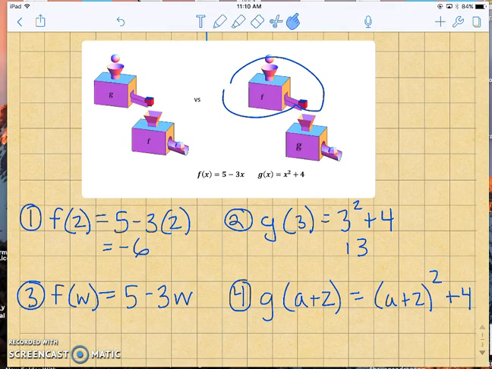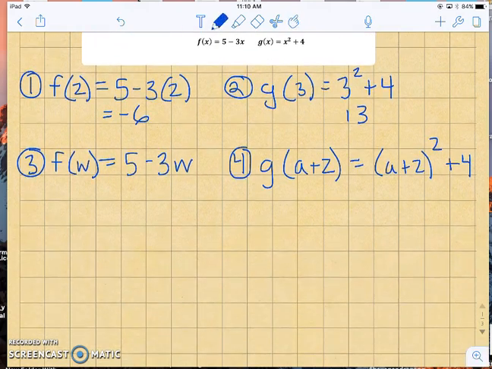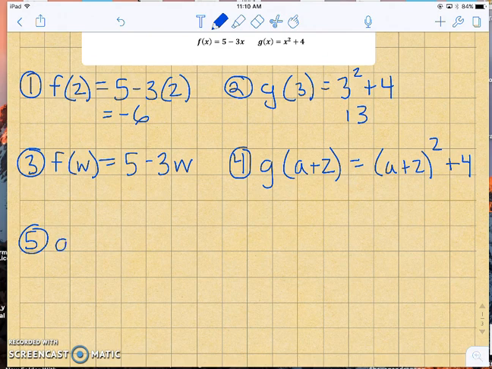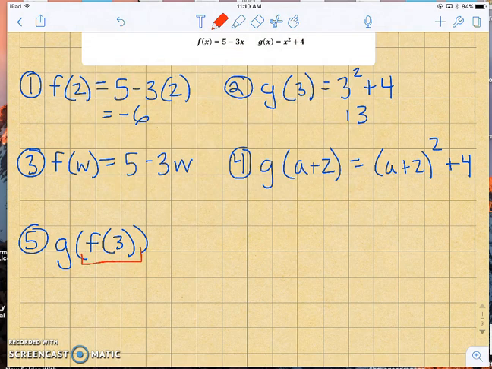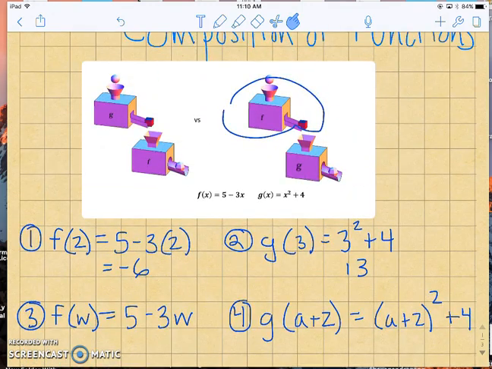So what we're going to do today is composition of functions. What if we have multiple ones here? So let's say we had g of f of 3. The first thing that we do is look at this inside. This is the part we do first. So we're going back up here. In our f function, right up here, we're dropping in a 3.